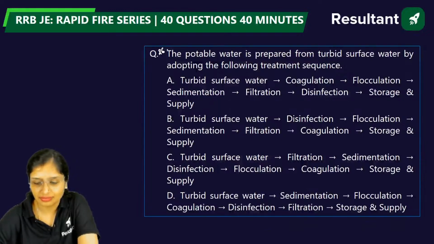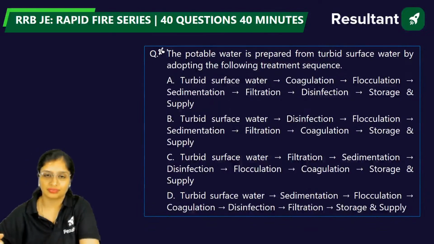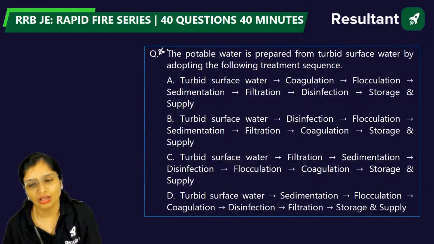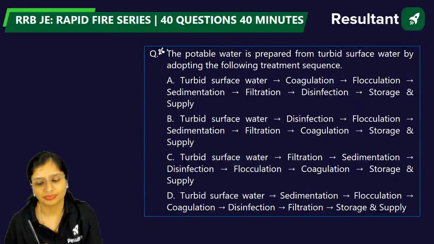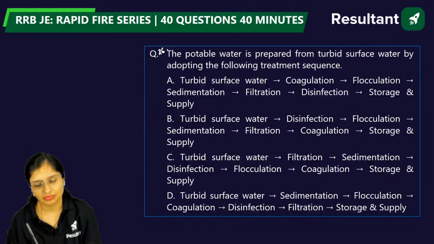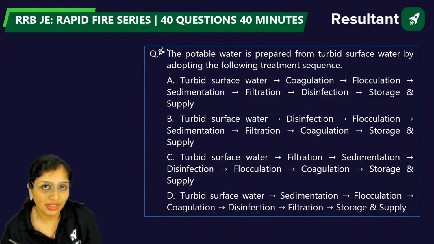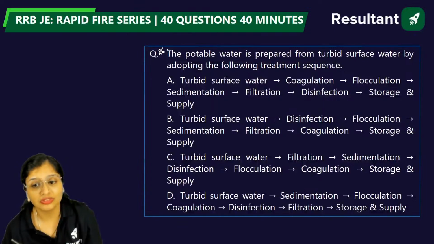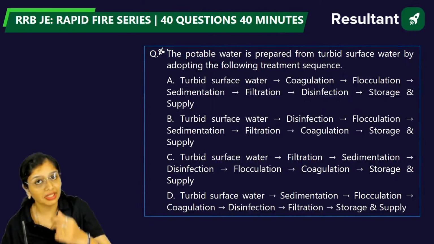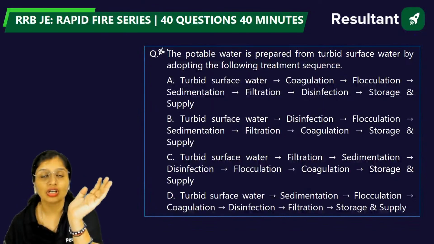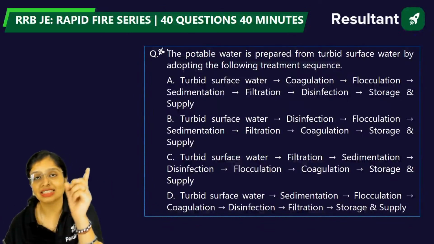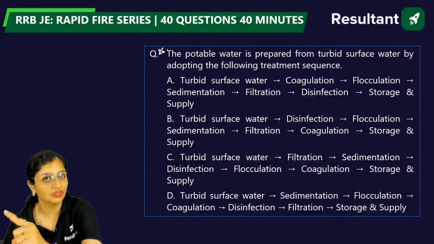Since turbid water is there, that means suspended solids are more. If suspended solids are more, plain sedimentation will not help you. So you have to go for coagulation aided sedimentation. That is CFS.